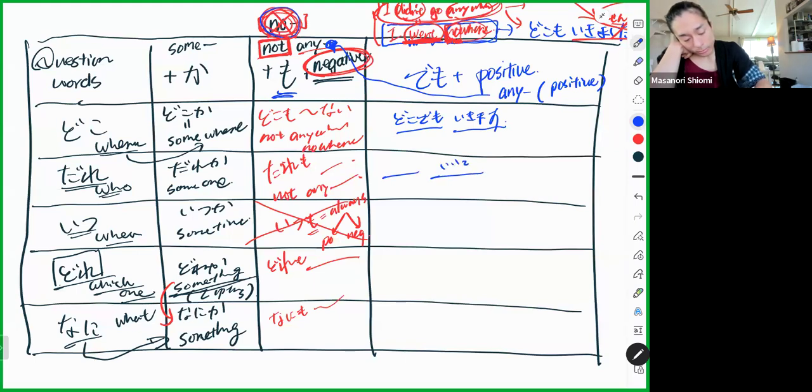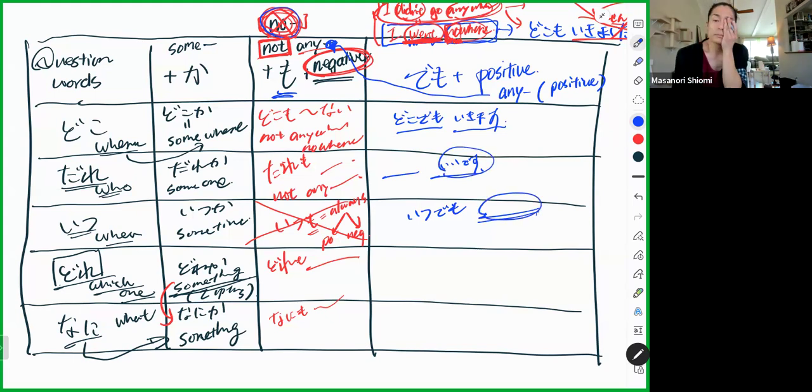誰でもいいです. Anyone is fine. Who do you want to marry? Anyone is fine. いつでもいいです, for example. We do tend to use the いいです to say, hey, whenever is fine, anytime is fine.